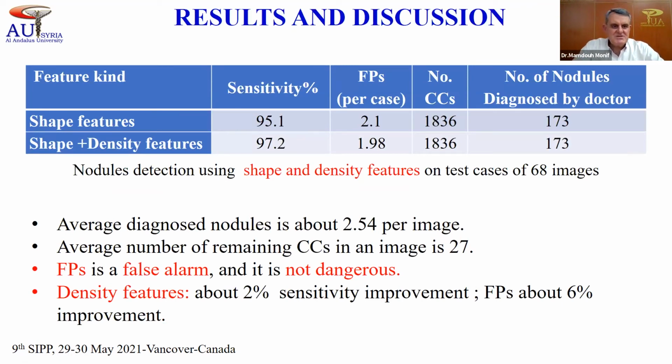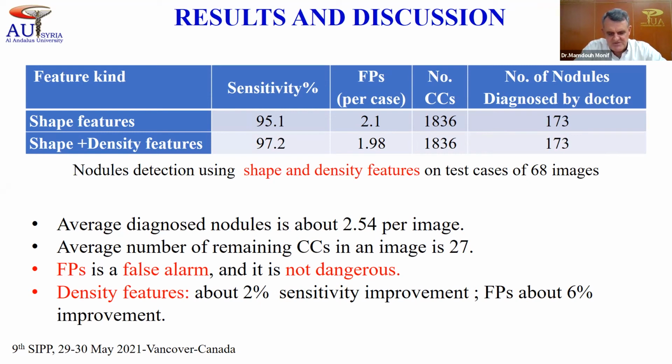Results and discussion. In this table, the first row is the feature kind, and the second and third rows are the shape features, and shape and density features. As we can see here, the sensitivity when we use shape features is 95.1%, and when we use shape and density features it improves to 97.2%.